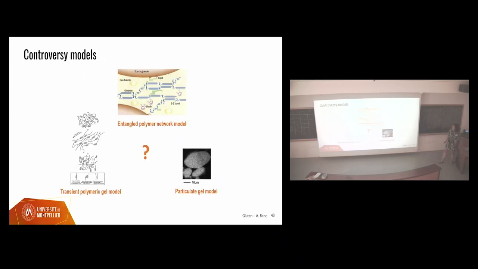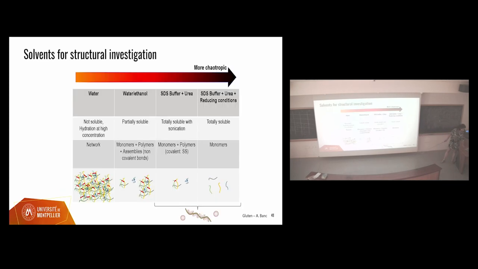So, what is the structure of gluten? It's difficult to get the structure of gluten because it's not soluble in water. Typically, people perform rheology in water to mimic the gluten that is extracted from dough.